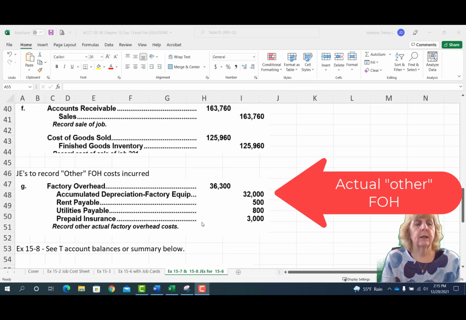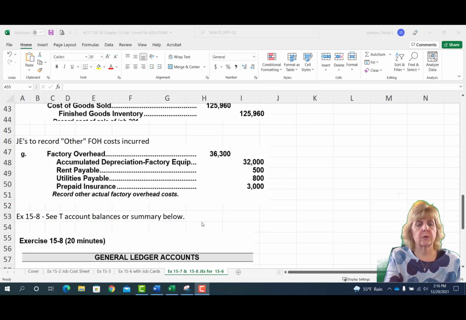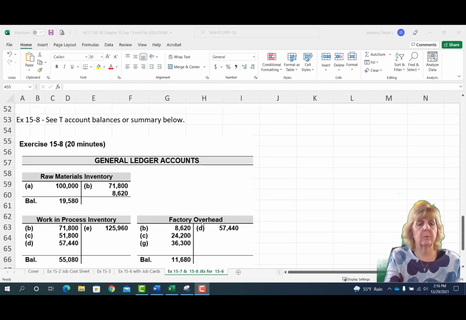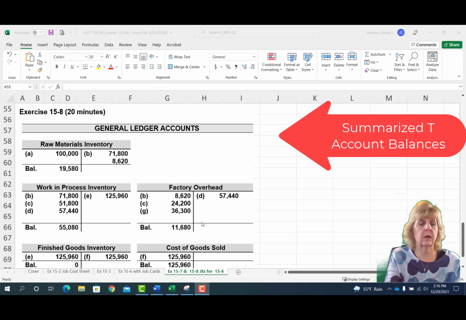And then finally, exercise 15-8 asked you to show the T account balances. Now, the easiest thing to do would just go back and foot our T account balances that we did in class, or so that you have the answers all in one place, I went ahead and used the solutions guide to show you the various T account balances that had an actual balance in them.